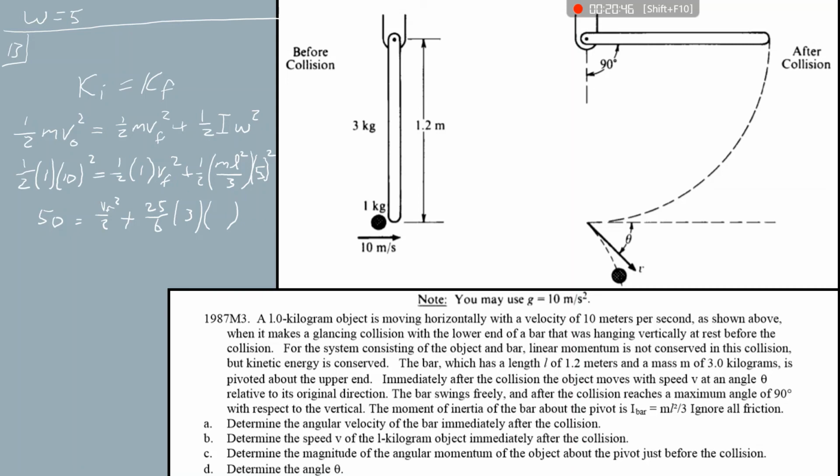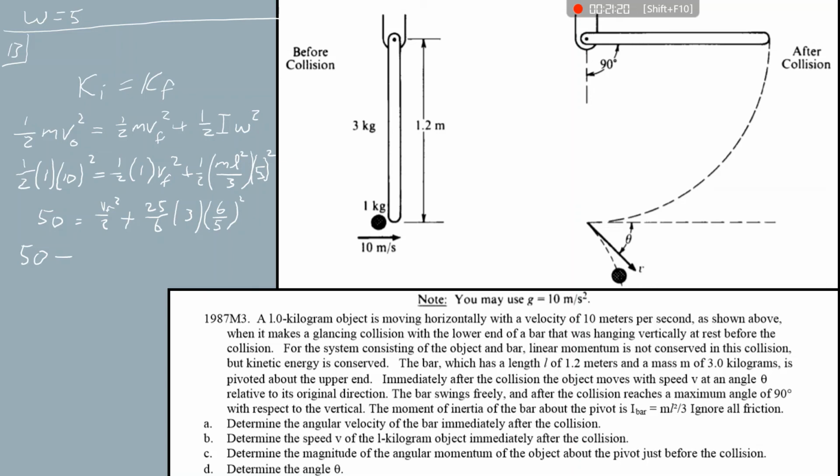Let's go ahead and simplify this part. I'm gonna move this over and simplify. So, 50 minus. If I simplify this, what will happen? Kind of complex. So, the 1 and 6 cancel out, and then 1 and 5 cancel out.